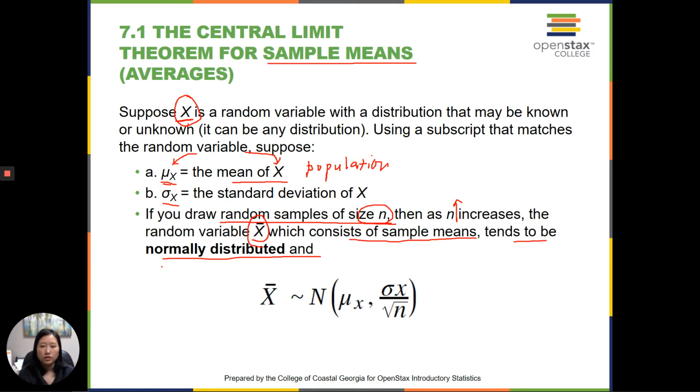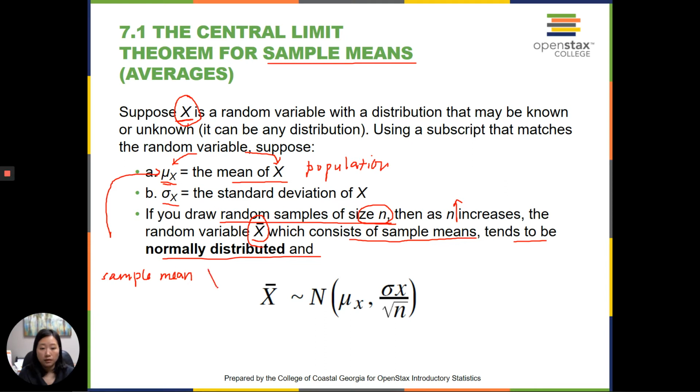Whenever we draw a sample, the sample mean itself is random, right? We talked about it a little before: even if the population mean is a constant out there, we just don't know it.